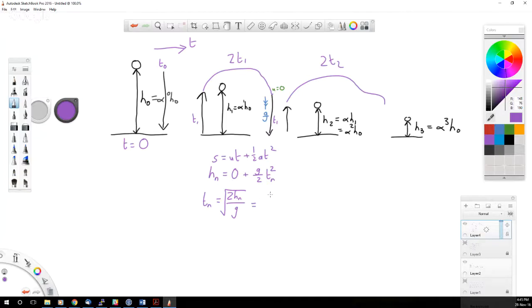And rewriting that, we get the square root of 2 alpha to the n h0 over g, which equals the square root of 2h0 over g, and then taking this alpha n out, we get alpha to the n over 2 because we're taking the square root of it.